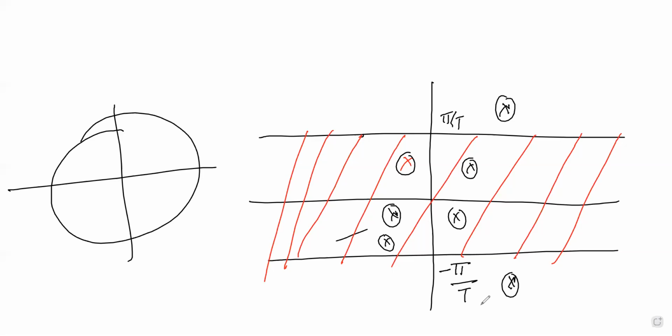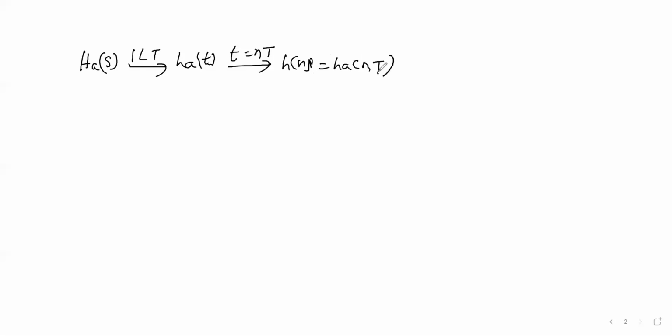Now, the steps were already said on how to design. What is the process? First find the analog transfer function H of s, if not given. After that, take the inverse Laplace transform and you will get h of t. After that, simply put t equals nT and you will get h of n, where h of n equals h of nT.